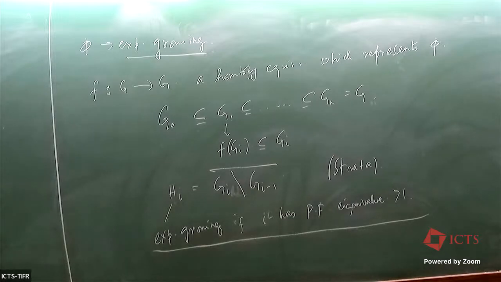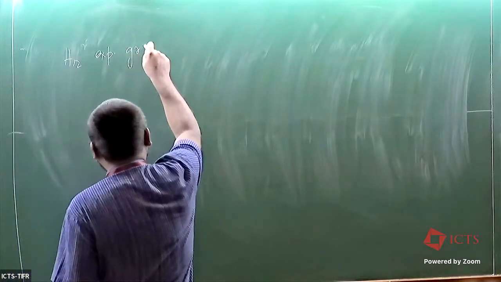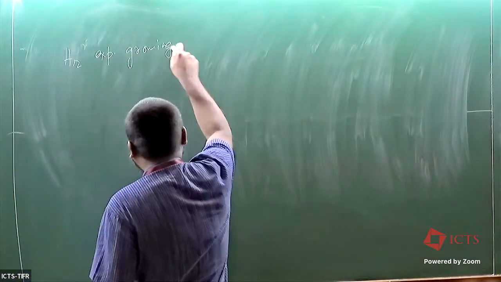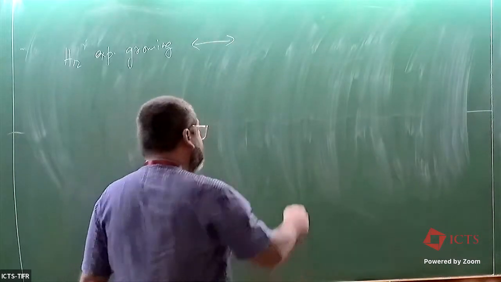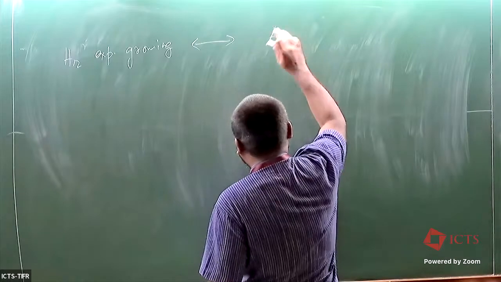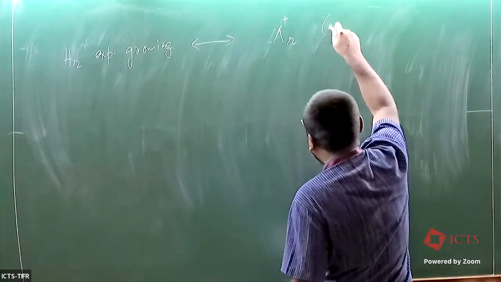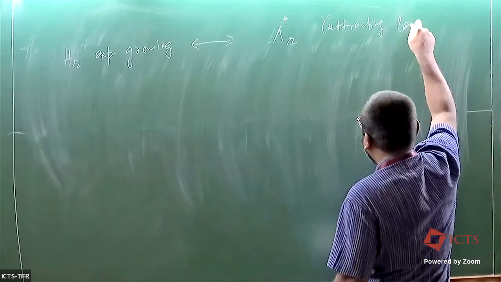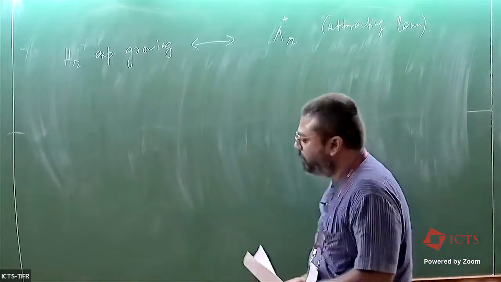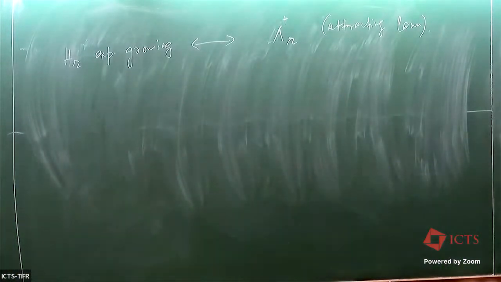Now, if HR is exponentially growing, then corresponding to this, there is a dynamical invariant called the attracting lamination. So for each exponentially growing strata, you have something called the attracting lamination, right?